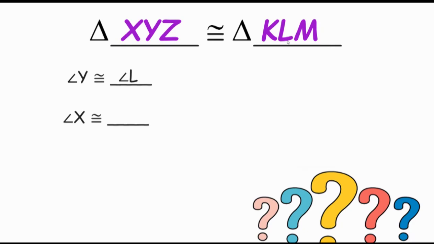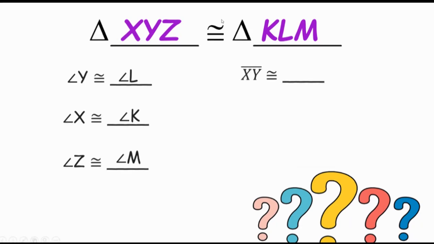Angle X is congruent to what angle here? The angle X is the first. And if you look at the other triangle, what's the first one here? K. So angle X is congruent to angle K. And angle Z is congruent to what? Angle M.